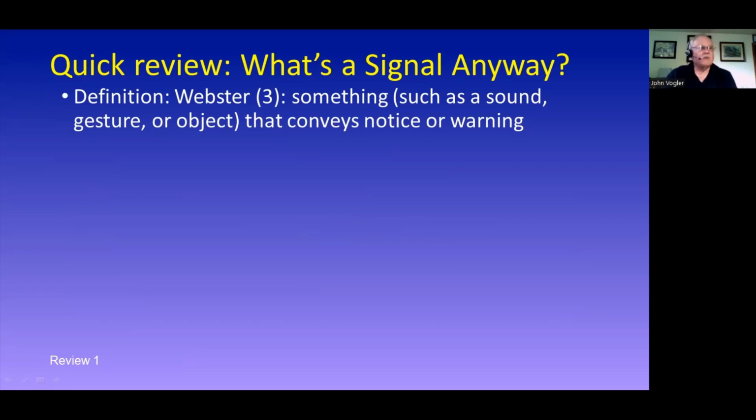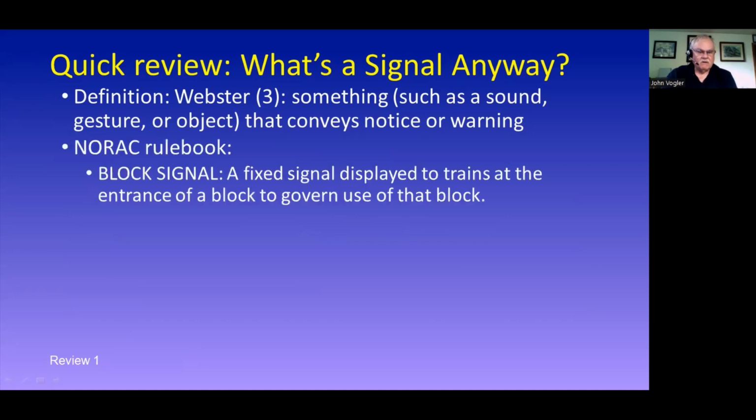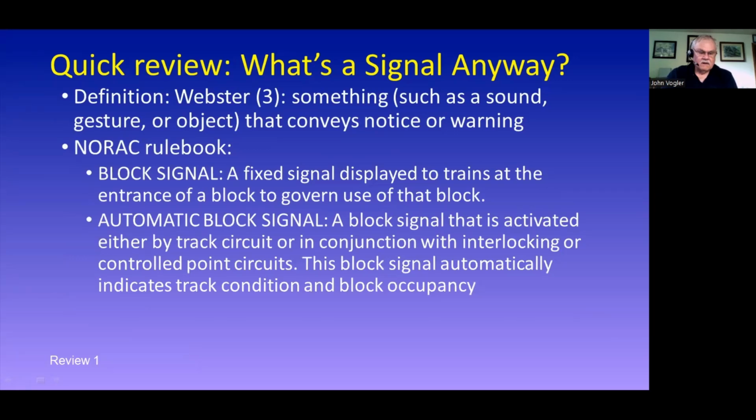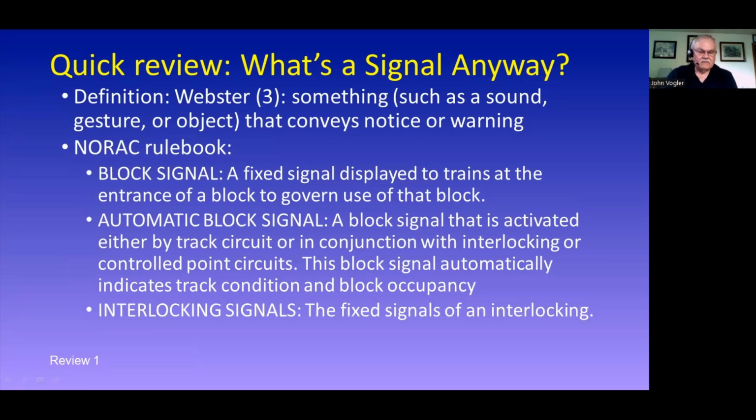I went over all kinds of signaling in the previous clinic. Today, we're going to focus on block signals and automatic block signals and interlocking signals. And these are the definitions right out of the NORAC rule book.